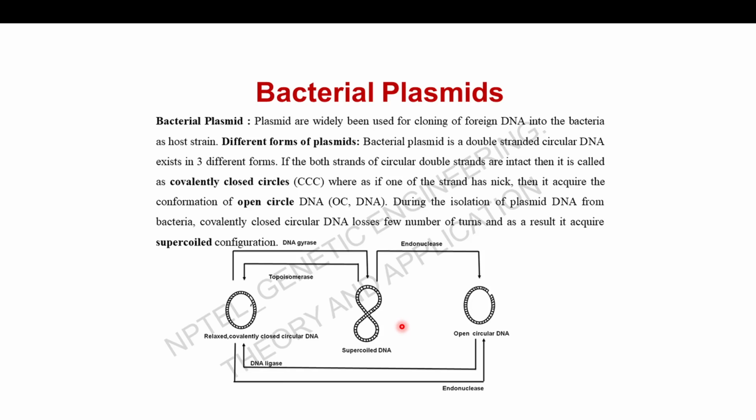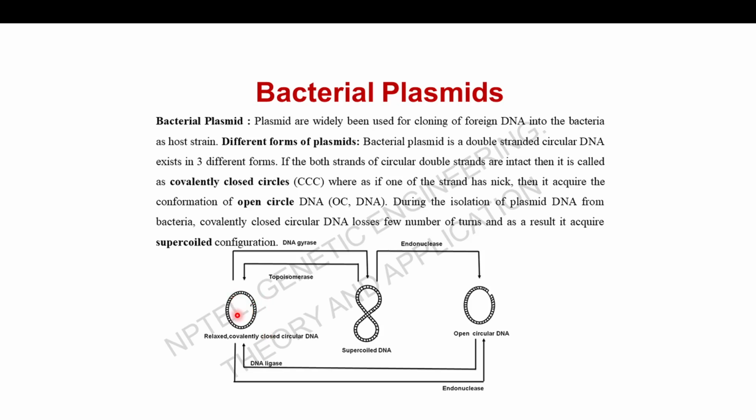Now, this can be naturally present, but you can also introduce these different forms of plasmids using different enzymes. Suppose this is your covalently closed circular DNA, which is completely relaxed without having any turns upon itself.